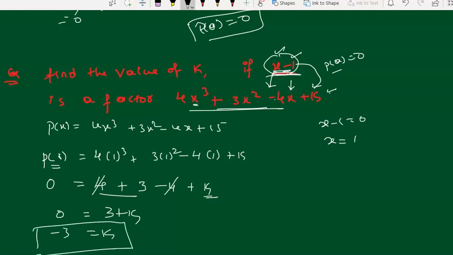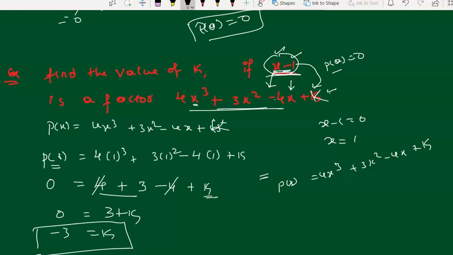Let me write this p of x for verification purposes. I'm showing you this verification. So here we should have k, and the polynomial looks like this.